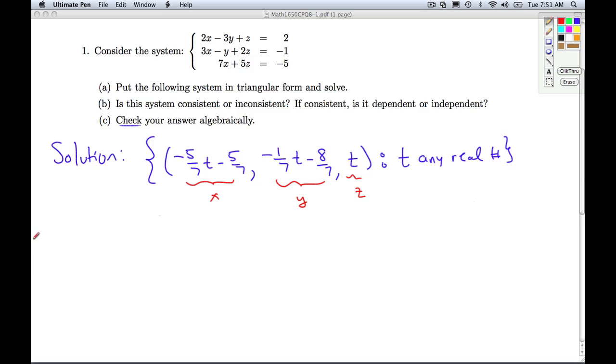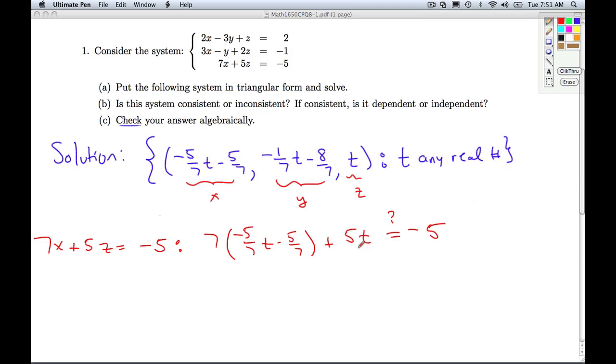Okay, the last equation, 7x plus 5z is negative 5. Substitute in the x here. Substitute in the z. That whole thing's supposed to work out to negative 5. So we multiply the 7 through.